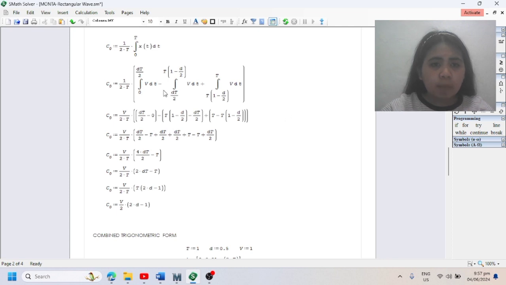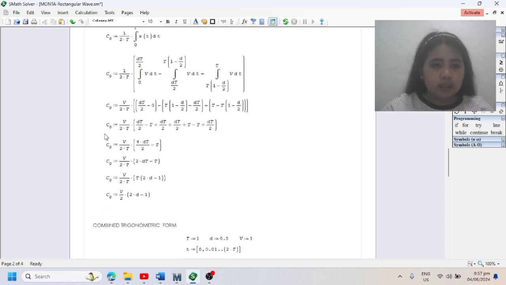So, upon integration, c sub 0 is equal to V over 2T times dT over 2 minus 0, minus T times (1 minus d over 2) minus dT over 2, plus T minus T times (1 minus d over 2). c sub 0 is equal to V over 2T times dT over 2 minus T plus dT over 2 plus dT over 2 plus T minus T plus dT over 2.